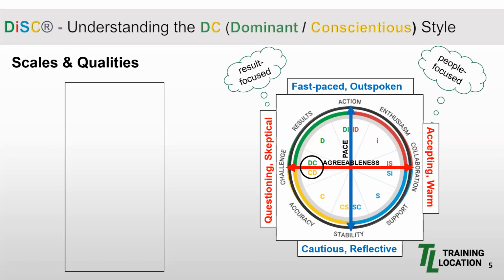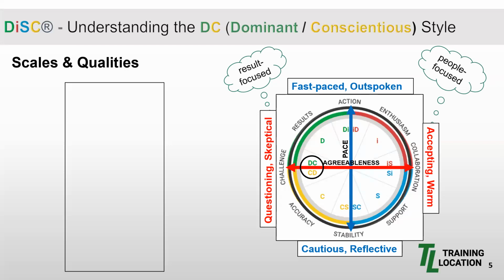For example, the DC, CD styles are physically paired together and as such share style qualities. Same is true of the DI, ID pairing, the IS or SI proximity, and the SC, or I should say, CS proximity.